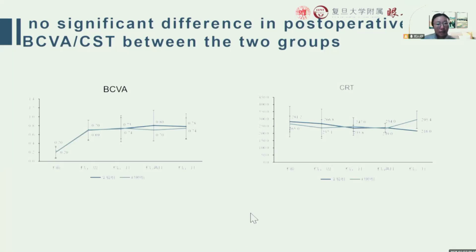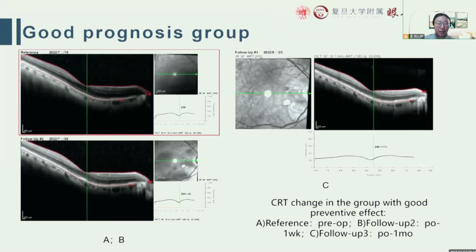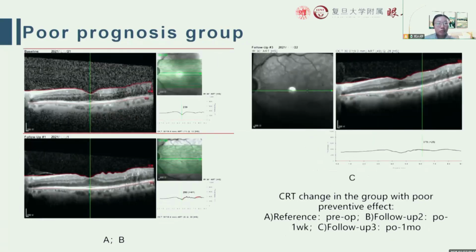In this case, we decided to re-divide our patients based on their prognosis, mainly based on their CRT change before and after 3 months of surgery. This is an example of a good prognosis group, and this is a poor prognosis group.